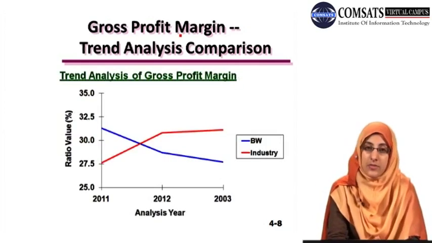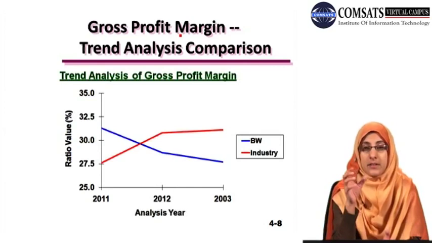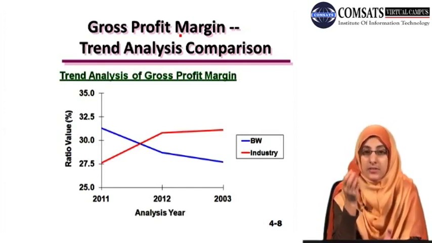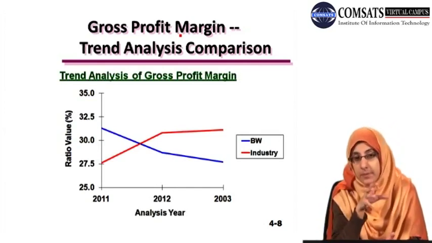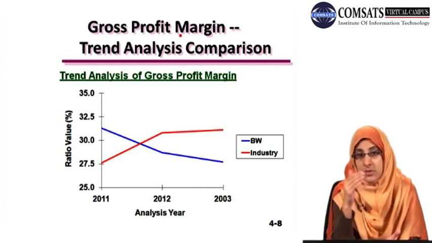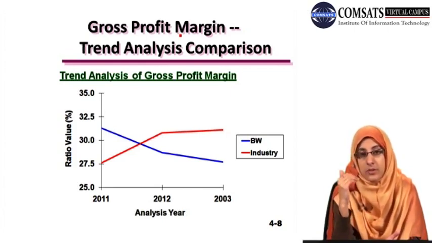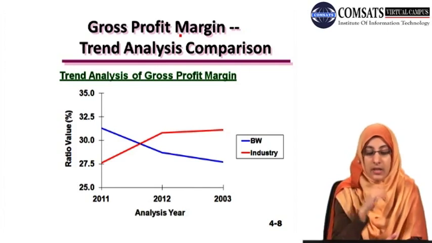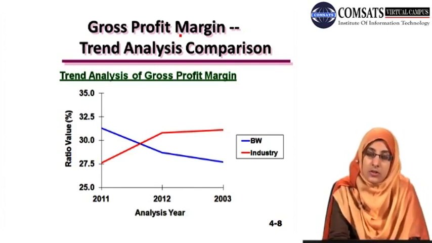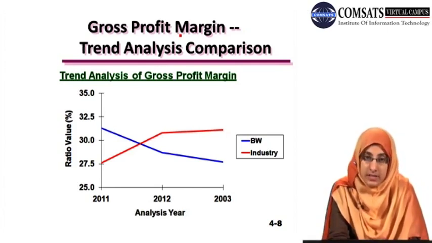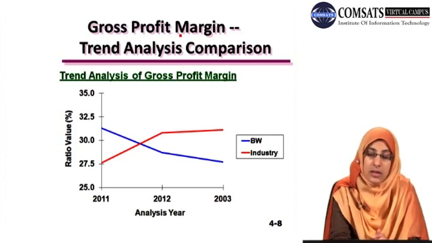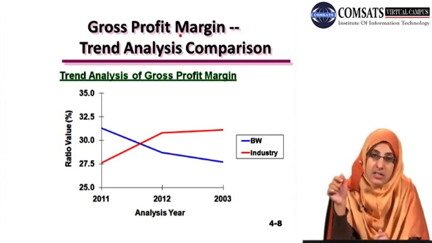Now if you look at the gross profit margin trend analysis, if you compare the industry average value and your original company Basket Wonders over the number of years for the gross profit, we can see that gross profit for the Basket Wonders, indicated in the blue line, is decreasing. It has a decreasing trend.